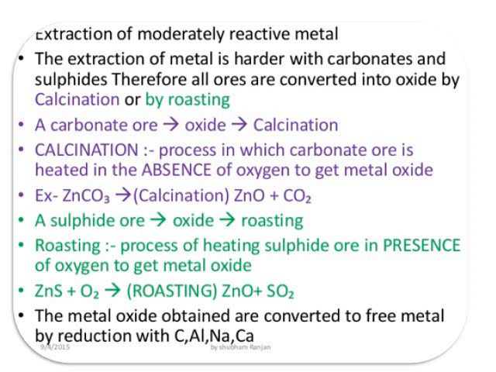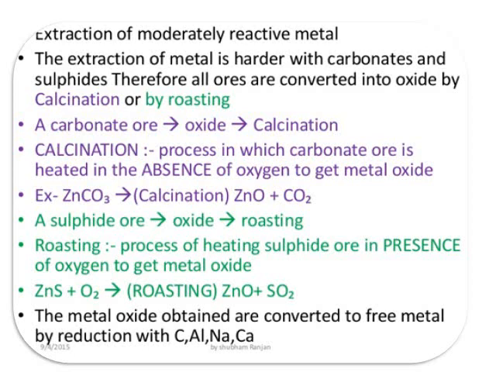Example, zinc carbonate ZnCO3, when heated, decomposes to give ZnO plus CO2. So the zinc carbonate ore is converted into zinc oxide, and since it is a carbonate ore, this process of converting carbonate into oxide is called calcination.